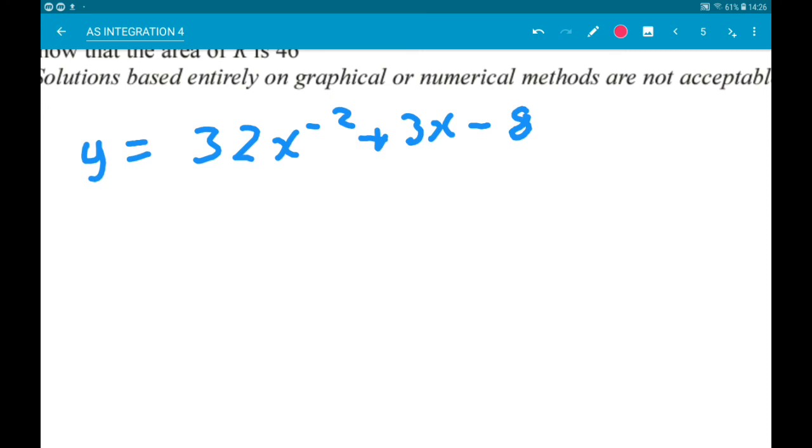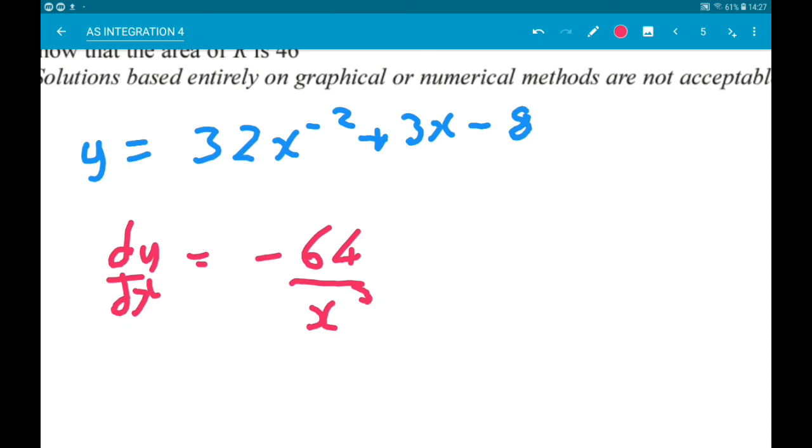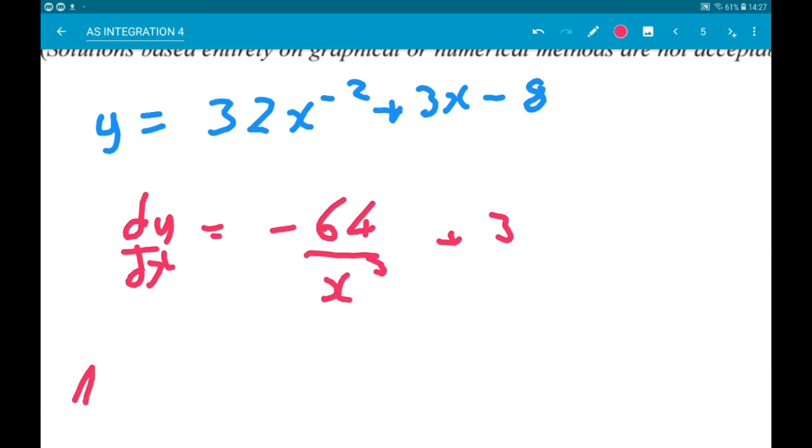Okay, so we need to differentiate the curve to get the gradient at P. So dy by dx is going to be minus 64 x to the minus 3, which we can write as minus 64 over x cubed. And then plus 3. Now at P, x is 4.